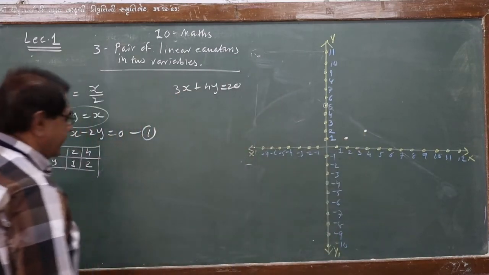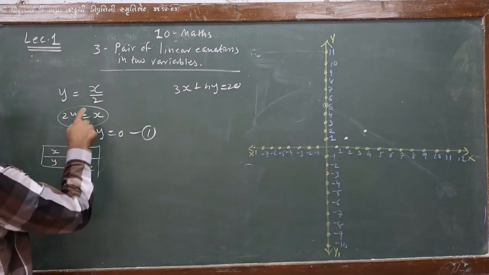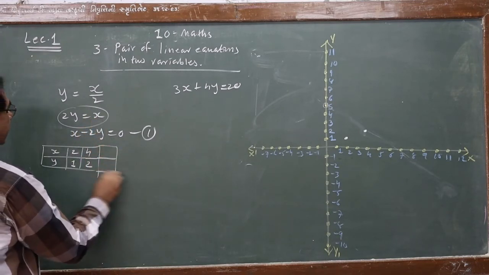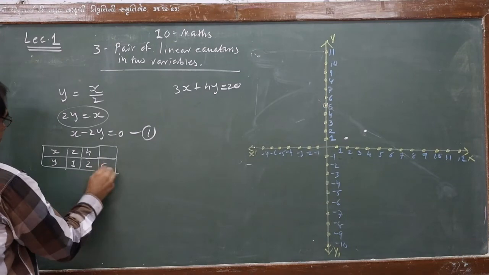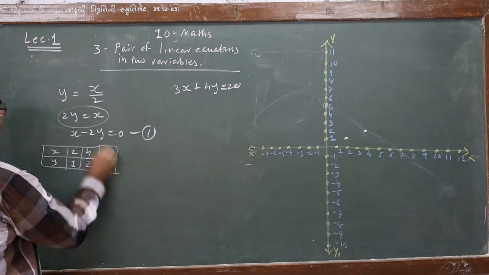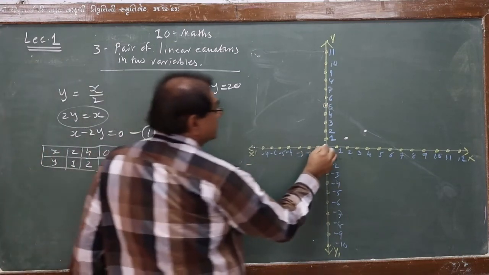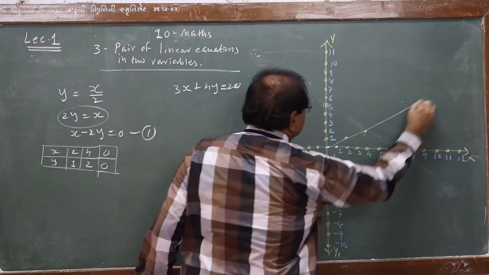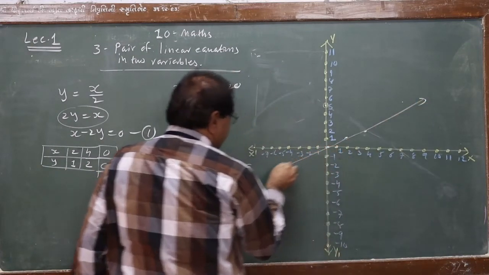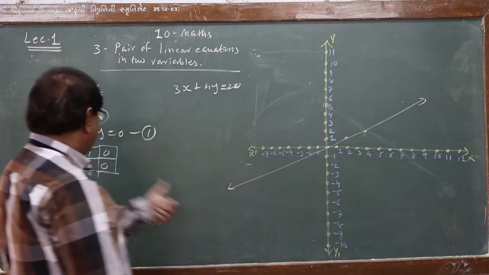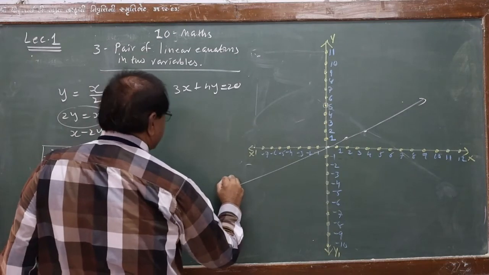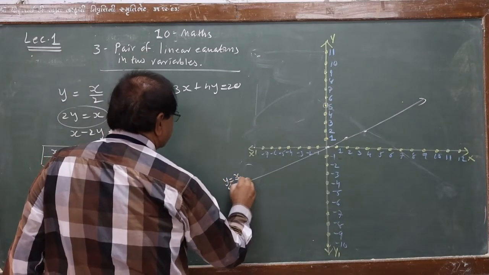If you wish, you can go for one more. Suppose y is 0, then 2 zeros are 0, x also is 0. So it is (0, 0). Now you can see all these 3 points are on the same line. Okay. So it is the line for the first equation. Along the line, you can write the equation y is equal to x by 2.